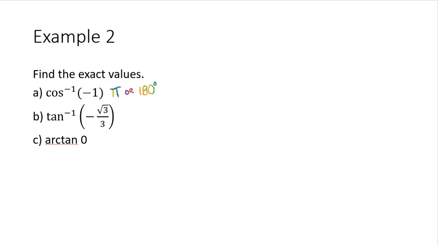Part B, the inverse tangent of -square root of 3 over 3. Again, we're going to be looking on the unit circle. Now let's come over here and do a little bit of scratch work. We know the tangent is defined to be y over x. And so we know we want this to be equal to the -square root of 3 over 3.